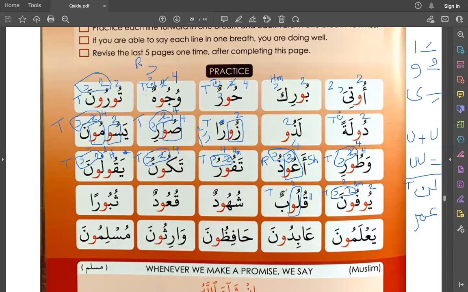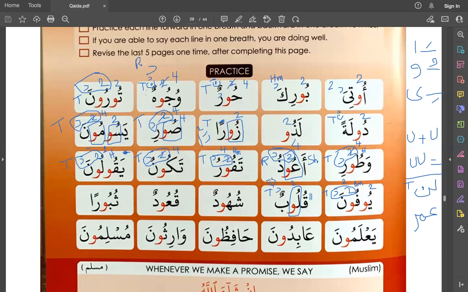And you know that the second Dhamma is noon sakin. So whenever you are pronouncing that noon sakin, you are giving the wasat. Qulubun. How will you stop? You will give sukoon at the end. So ba with sukoon will get sifa of qalqala, because qutubu jaddin are the letters.